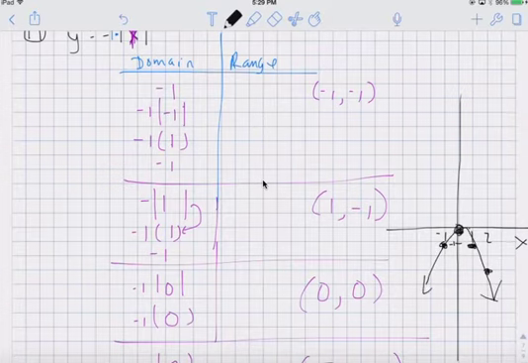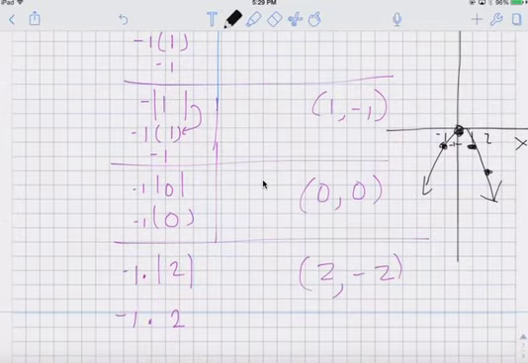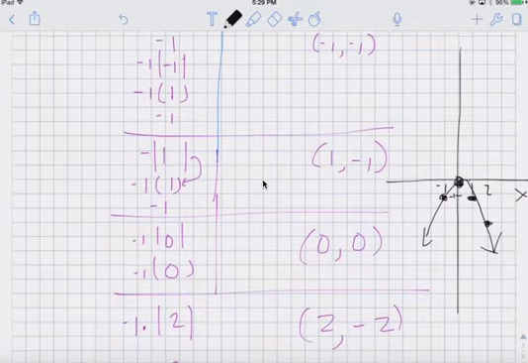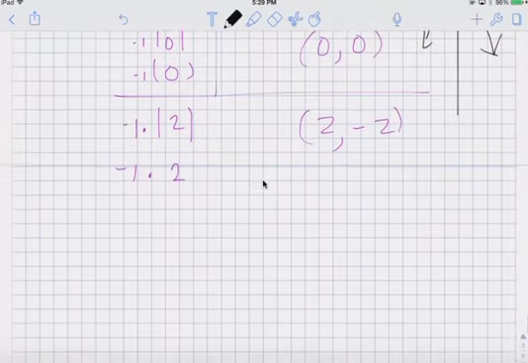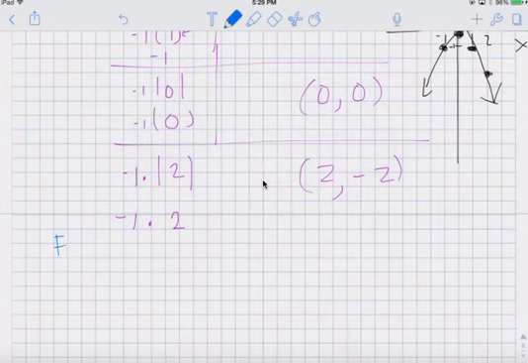Parabola facing down. It's a function because none of the domain repeats, or the vertical line only passes through the graph once, okay? So we write function.